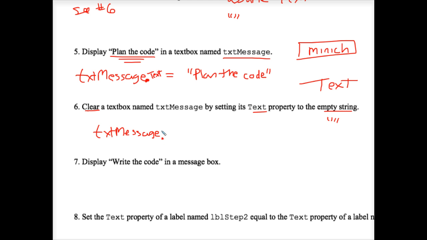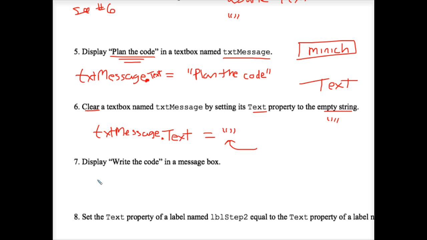So .text, and I may as well finish this out, equals quote, quote, with no space in there. A bright student asked me if she should put a space in there. Well, it would still look good in the program, but it's technically not the empty string. A space is something, and it's not empty.